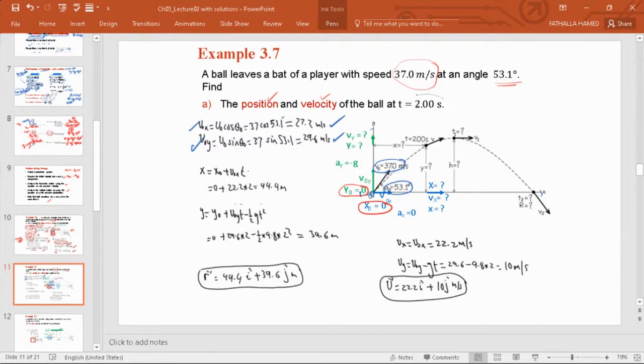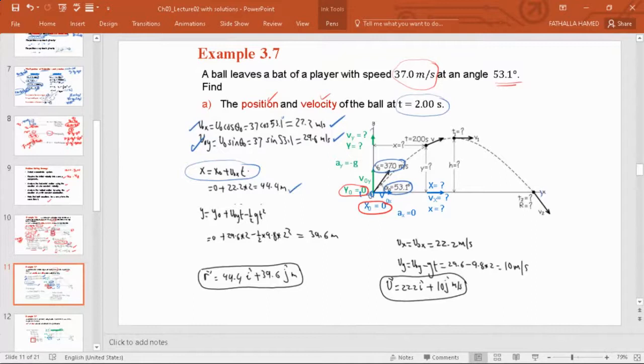Now, they ask you after 2 seconds, what is the position and the velocity? For x, x is equal to x0 plus v0x t. x0 is 0. The v0x is the x component, which is 22.2 times 2, and gives you 44.4 meters. That's the x component after 2 seconds. The y component, y is equal to y0 plus v0y t minus 1/2 g t squared.